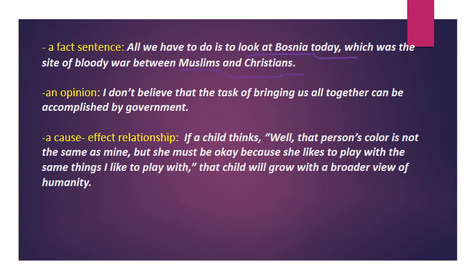An opinion is the opinion of the writer. What does he believe? What does he like? And here usually we can find words such as believe, think. A cause-effect relationship: some conditionals are used, or when, or because. So here we have a cause-effect sentence. The cause is mentioned and the effect is mentioned.